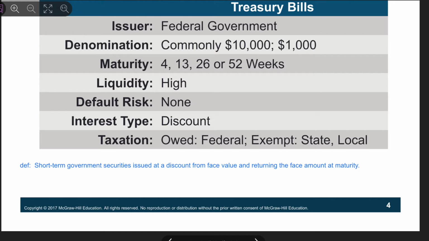So what does it say? We are lending our money to the government.